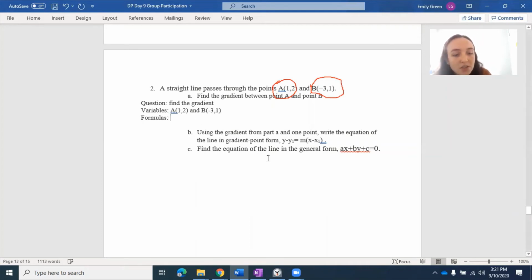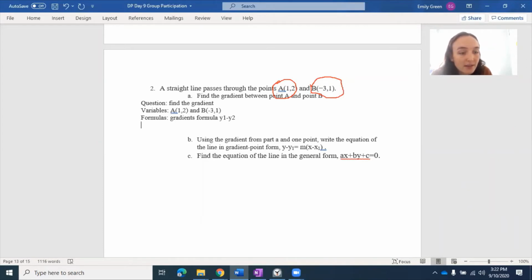Formulas. We want to use the gradient formula, which you should recall is y1 minus y2 divided by x1 minus x2. So I'm going to write that, and I'll just draw a line so that I know that this is a fraction.